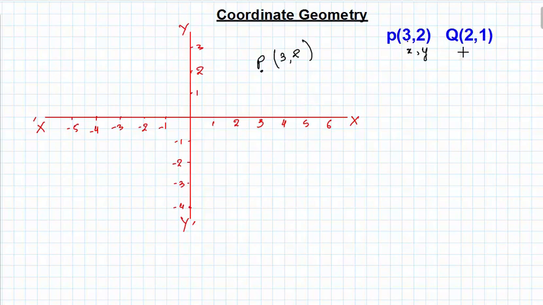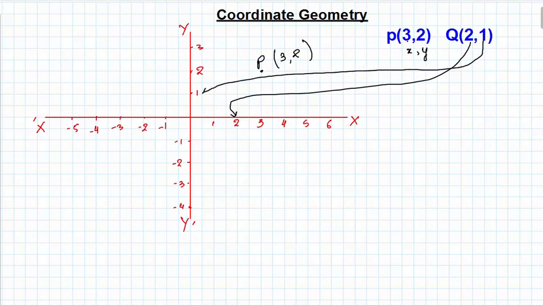Now the second point is Q with coordinates 2, 1. This 2 means the x-axis coordinate. Here this 2 is this 2 and this 1 is this one, that means the y coordinate, and the x coordinate is 2 and the y coordinate is 1.